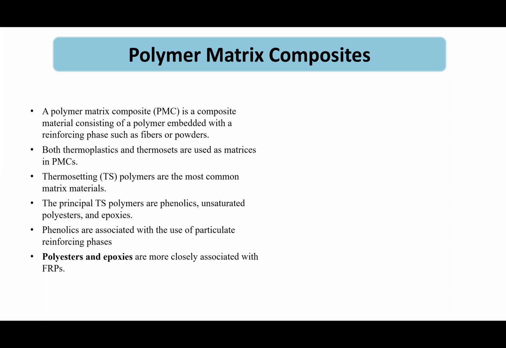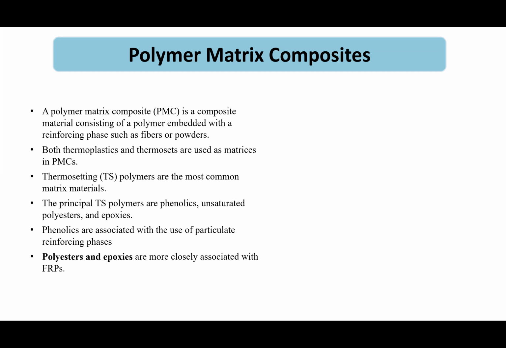For the polymer, we can use thermoplastics or thermosets. Both of them can be used as matrix. In most cases thermosetting polymers are used as matrix, and thermoplastics are also used. Thermosetting polymers that are mostly used are phenolics, unsaturated polyester, and epoxies.